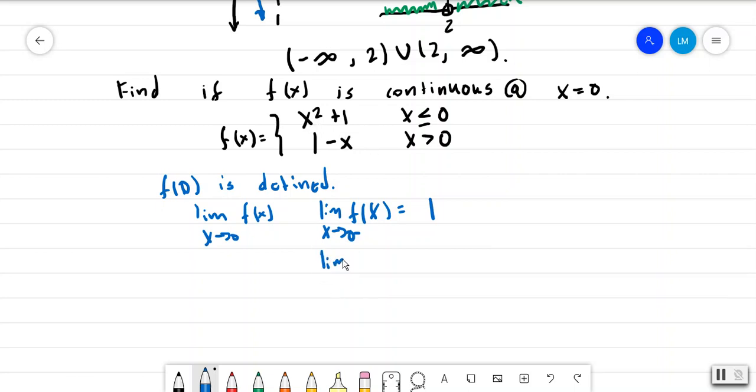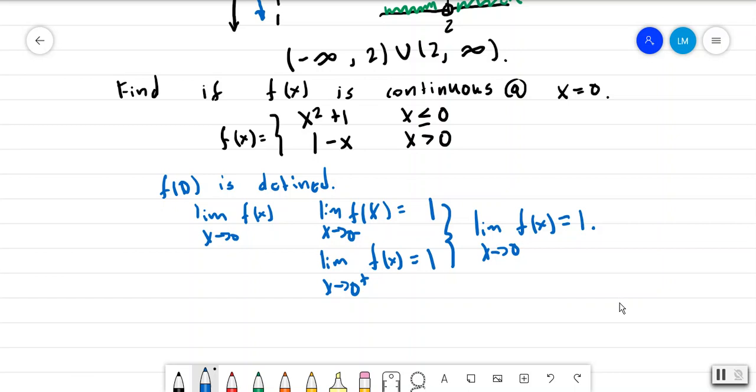Then the limit as x approaches 0 from the right side for f of x is also going to be 1 because you have 1 minus x, so you plug in 0, and that's just going to be 1. Well, what this means is that together, the limit as x approaches 0 for f of x is equal to 1.